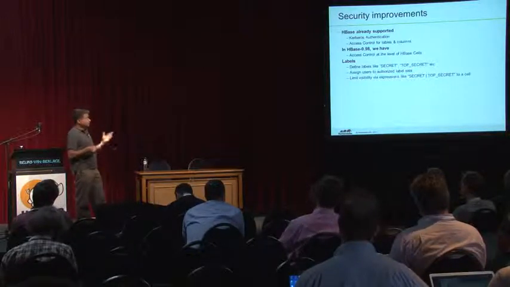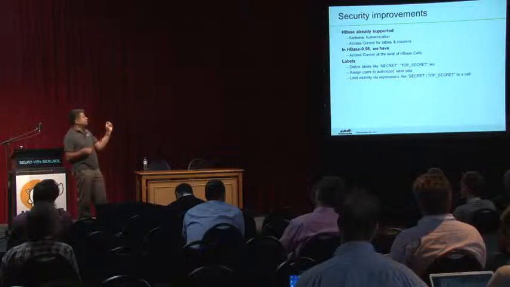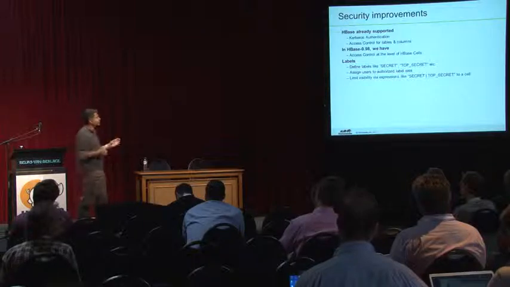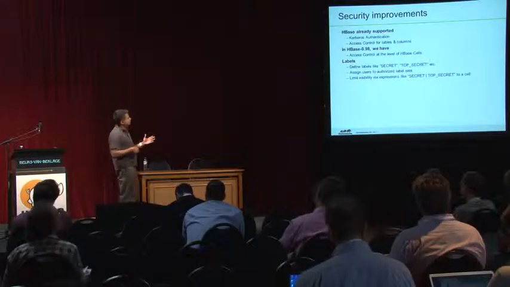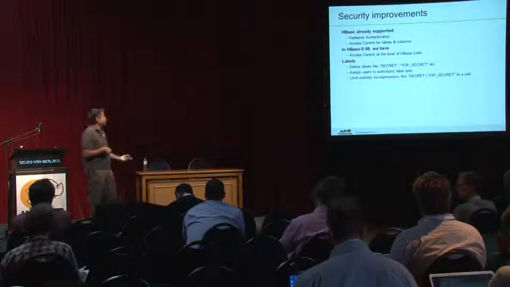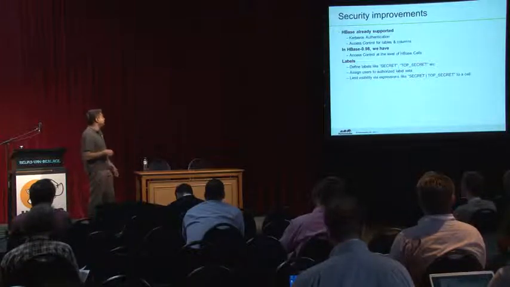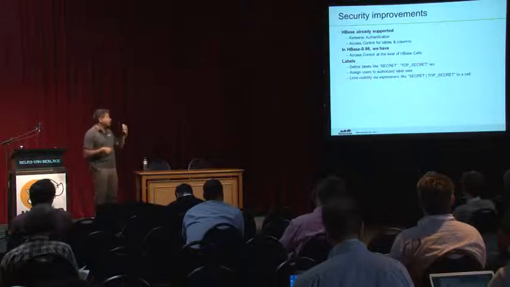So you could say, when you do a put, that this cell should be only readable by so-and-so users, or should not be writable by anyone else. You could use all those facilities in the new APIs that are provided for per cell access control.